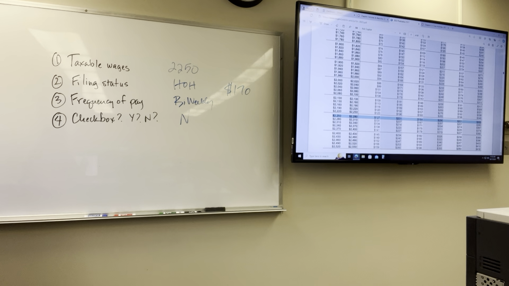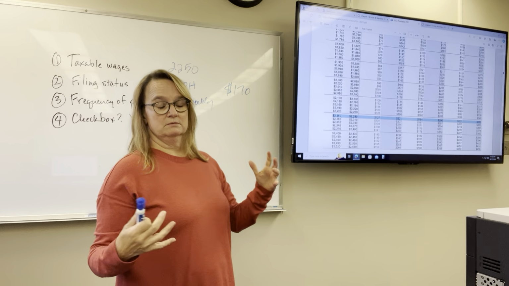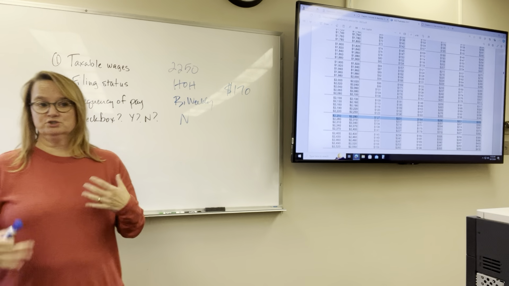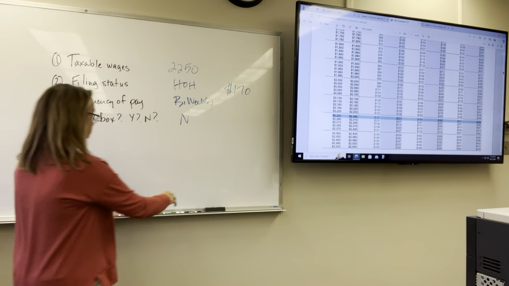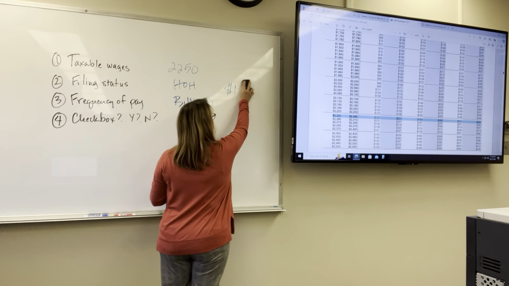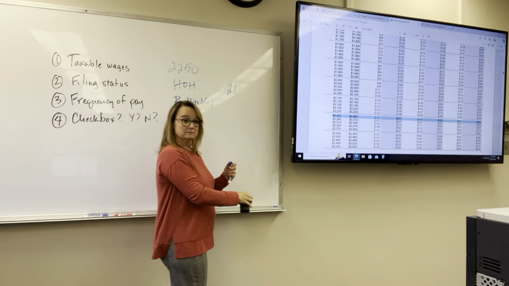So the 170, I'm curious, Caesar, where did you locate that? I'm not picking on you, it's a great example of maybe choosing the wrong table. So we've got bi-weekly.